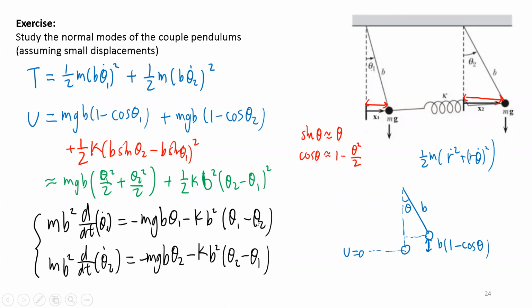This one is theta 1 minus theta 2, and this one is theta 2 minus theta 1. Why is there a difference?